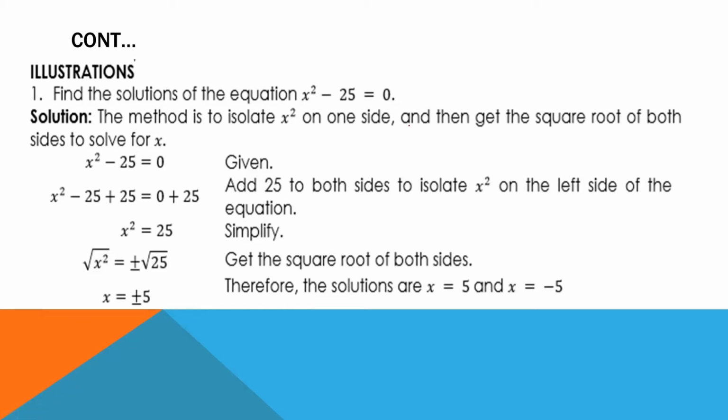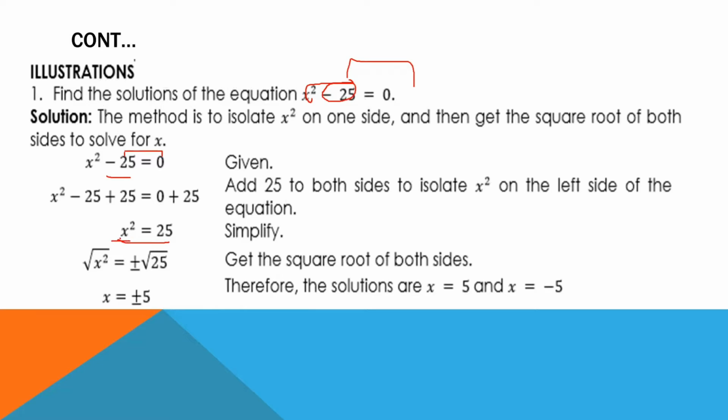So kaya ang gagawin natin is we are going to isolate, or transpose this negative 25 to the other side. After transposing negative 25 to the other side, the sign will change and then it becomes x squared is equal to positive 25. If you can see now, the x squared is now isolated on one side.